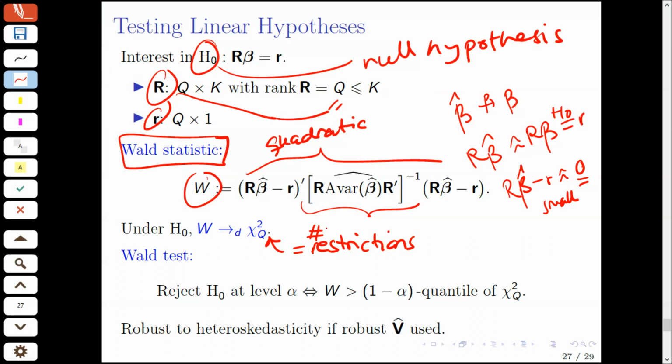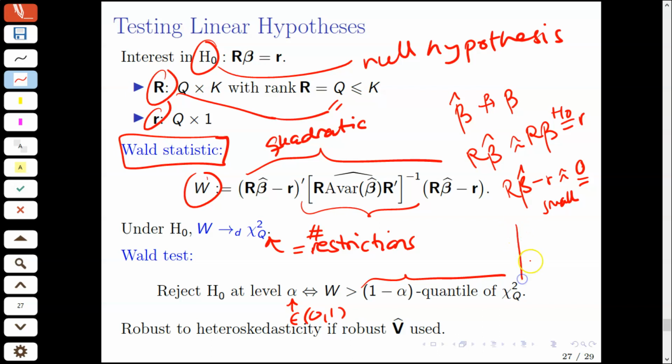All right, this convergence in distribution result suggests the following testing procedure: pick a significance level, say alpha, some number between 0 and 1. Then we should reject the null hypothesis at this significance level if and only if our Wald statistic exceeds the 1 minus alpha quantile of the chi-square distribution with q degrees of freedom.